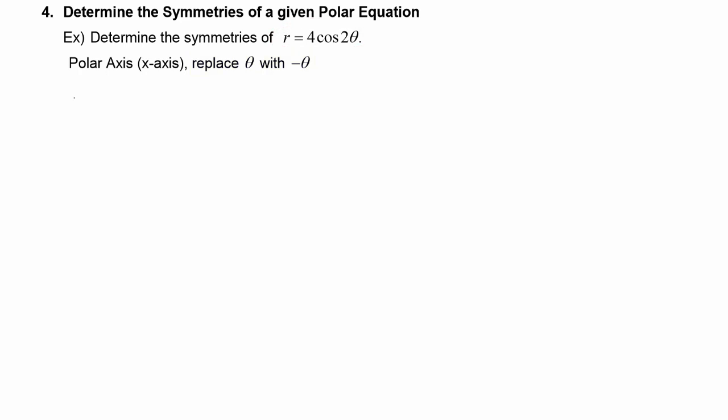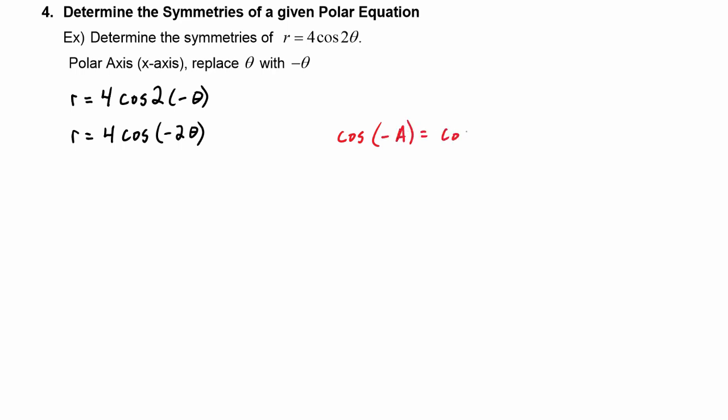So the equation becomes r is equal to 4 times the cosine of 2 times negative theta, which is r equals 4 times the cosine of the quantity negative 2 theta. We have an identity that the cosine of negative a is equal to cosine a, and we can substitute that into the equation.